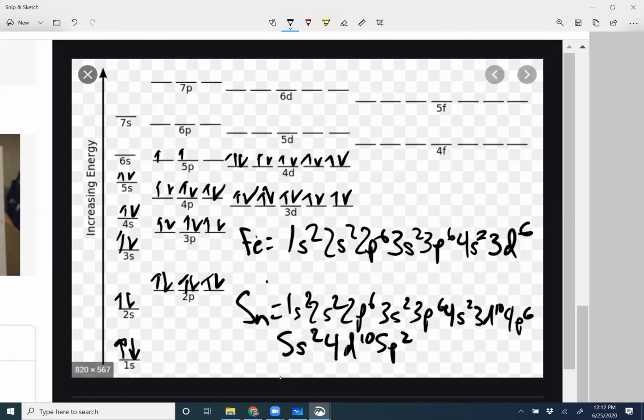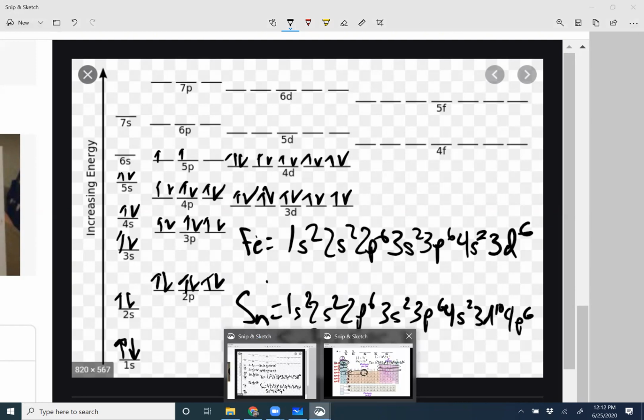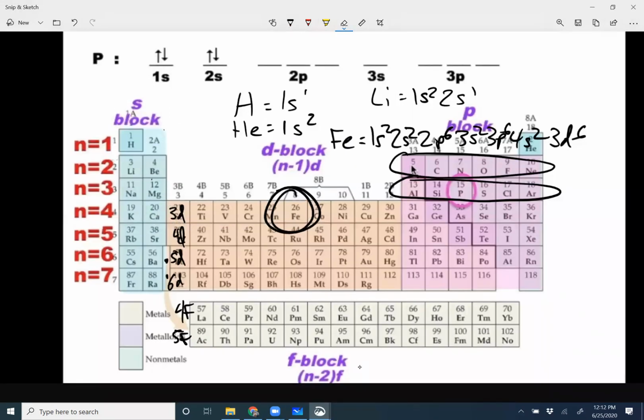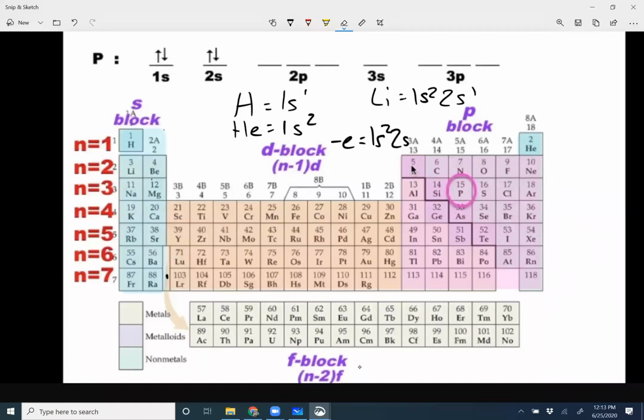So there is a way to abbreviate them, and that is to use noble gases. The noble gases, as you probably already know, are over here in group 18 on the periodic table, or group 8A. And they end each row of the periodic table.